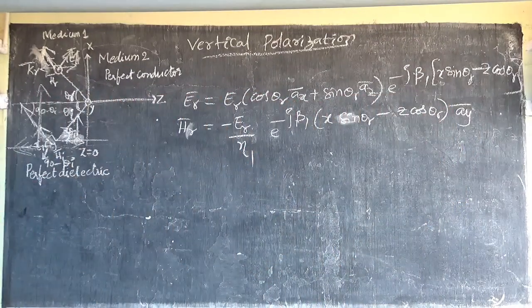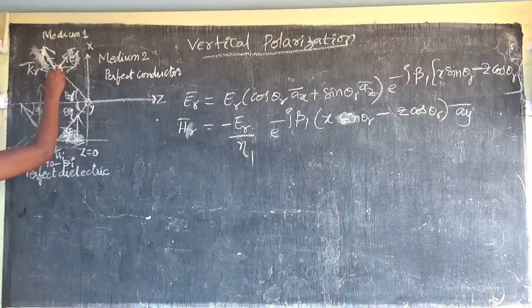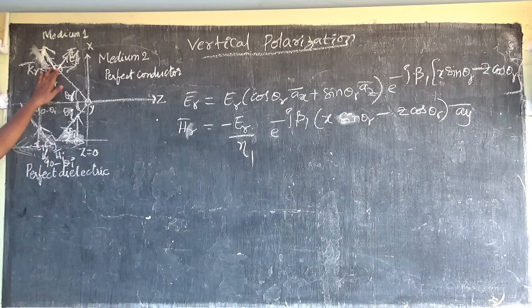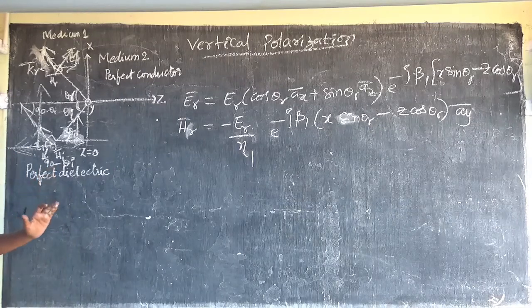And you should consider here that a cross is written. That means your magnetic field is going into the plane.